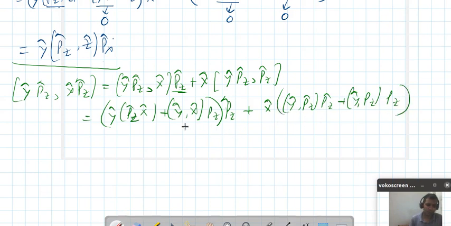So now its value will also be 0, its value will also be 0, and its value will also be 0. So this all makes it equal to 0.